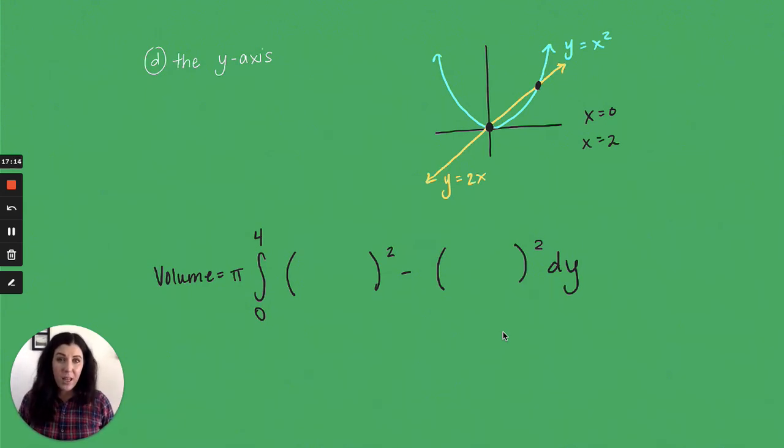Before we start thinking about r out and r in, we also need our equations to be in terms of y. So before we had stuff like x squared or 2x, stuff that had x's in it. Now what we need to do is change it so it's in terms of y. And to do that, all we do is instead of isolating y, we isolate x. So for example, the blue curve, if I were to isolate the x, I would get x equals the square root of y.